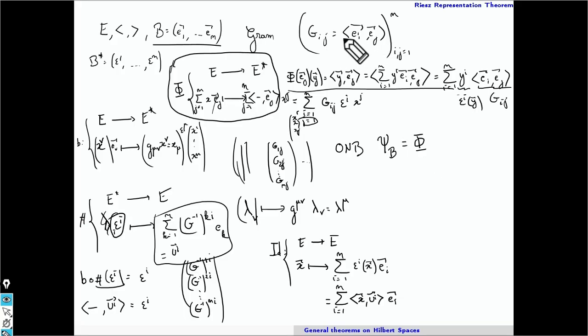If the basis is orthonormal, then the Gram matrix is just the identity, so it will map epsilon j to ej, and similarly, the pre-image of epsilon I is just ei. So here, when the basis is orthonormal, we have the usual formula. In the case of orthonormal basis, it does map a column vector to a line vector.